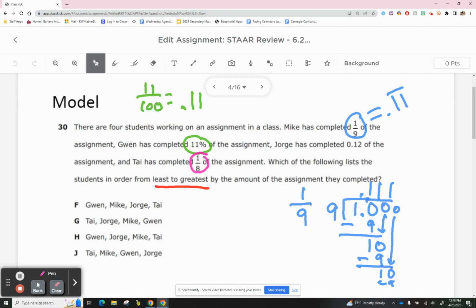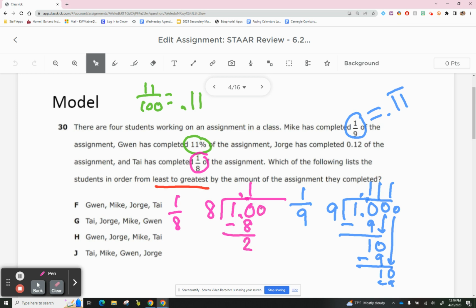Okay, we're going to make that into a decimal the same way we did 1/9. Top dog gets the house, so we're going to put 1 inside and 8 goes on the outside. Does 8 go into 1? No, it doesn't. Okay, so we're going to have to annex the 0 by adding our decimal. Okay, does 8 go into 10 now? Yes, it goes one time. 10 minus 8 is 2.